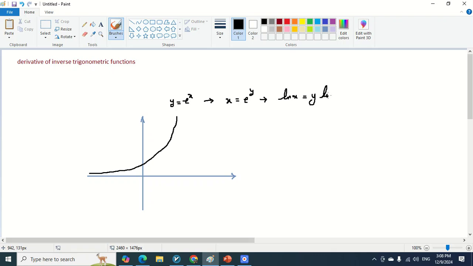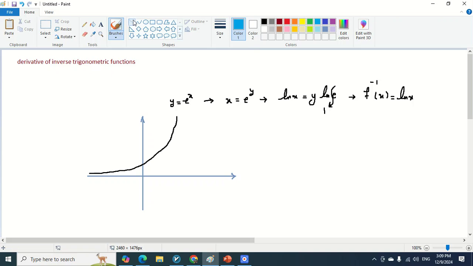And if you take a look at the first lecture, we said that ln of e is equal to 1. So f inverse of x is determined by ln of x. So ln of x is the inverse function of the exponential function as well.